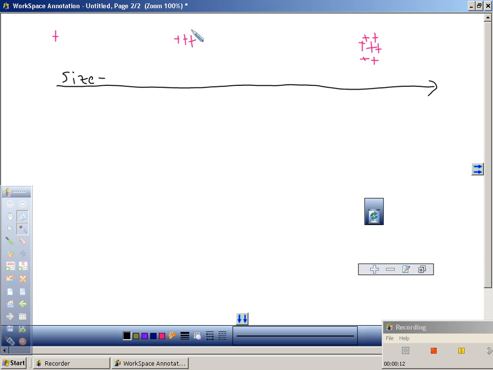But this one is stronger, so the nucleus pulls the electrons closer. So I have a fairly large atom here. More protons pull the electron closer to it. And here, lots of protons pulling in those electrons. They're going to keep them very, very close. So we say the size of the atoms as we go across decreases.